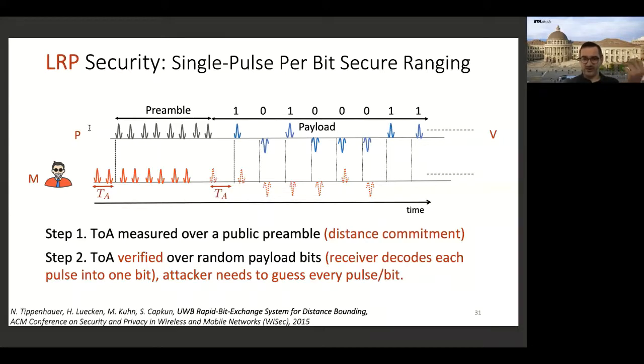Because otherwise, if he injects random pulses, the receiver will say, well, that's not correct. These pulses do not correspond to the bits that I need to receive. And since you can decode each individual pulse, you're okay.